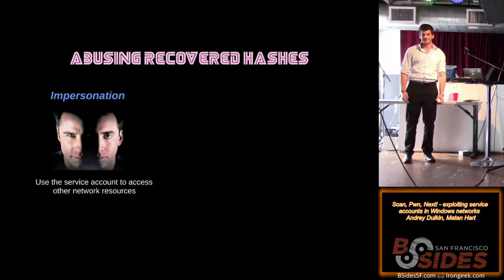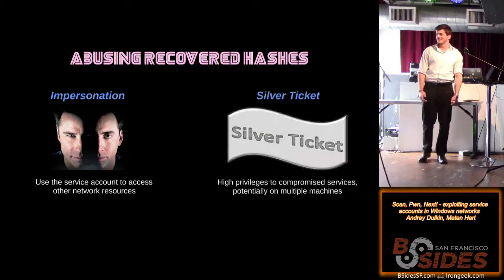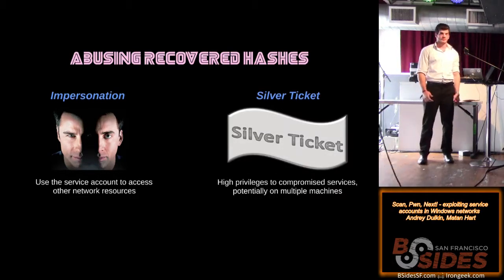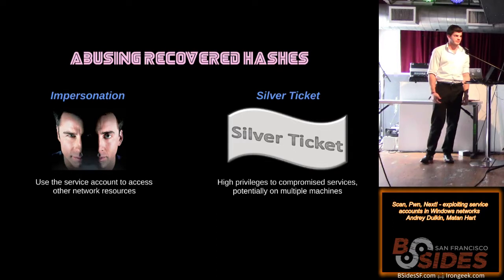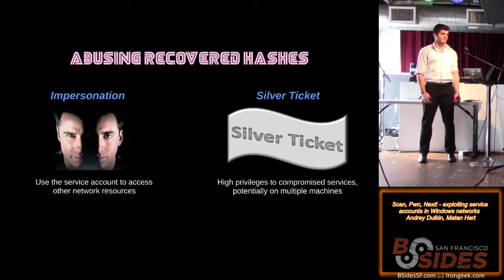Okay, impersonation. We can also go ahead and create silver tickets. So silver tickets, basically, as Matan mentioned earlier, in Kerberos, there is a PAC component of the ticket where the privileges of the group membership of the account are described, among other information.